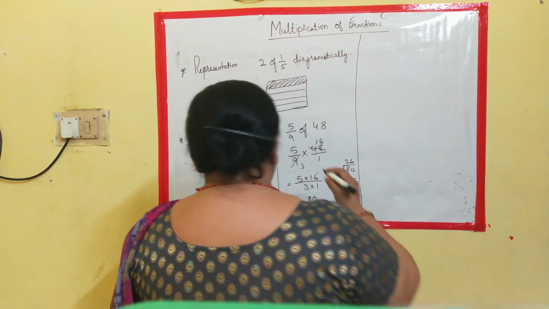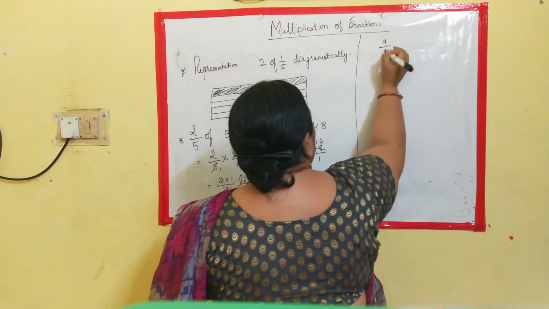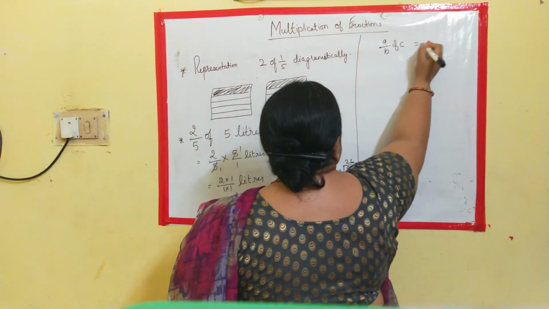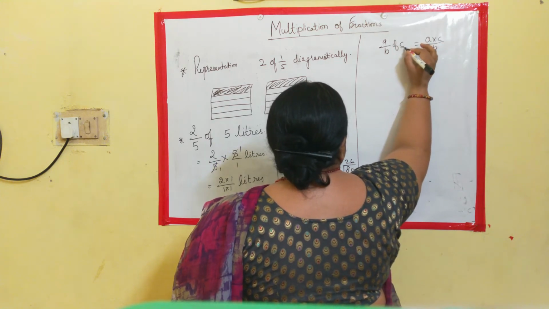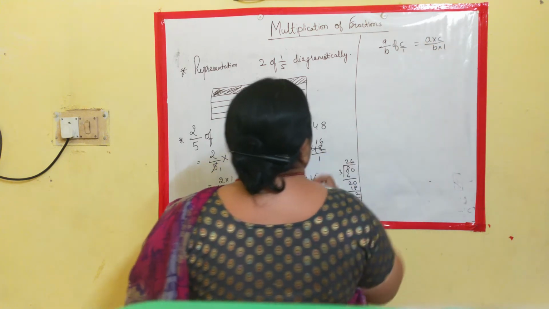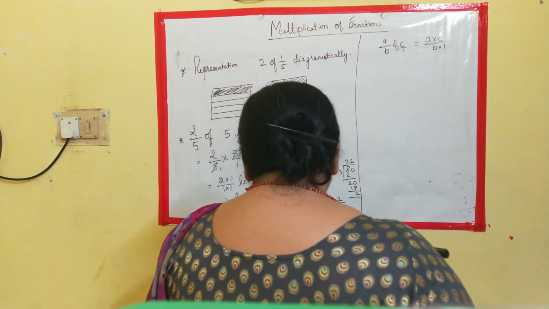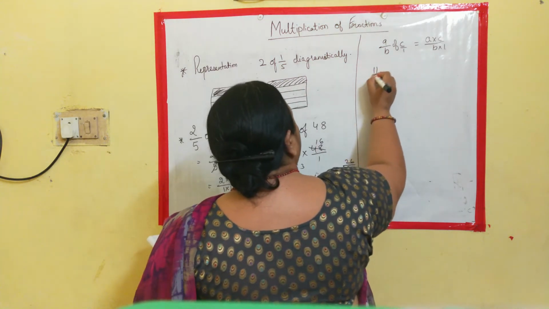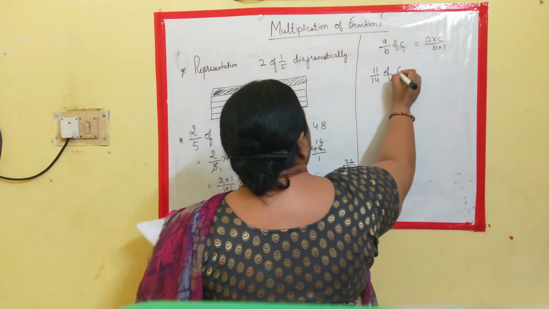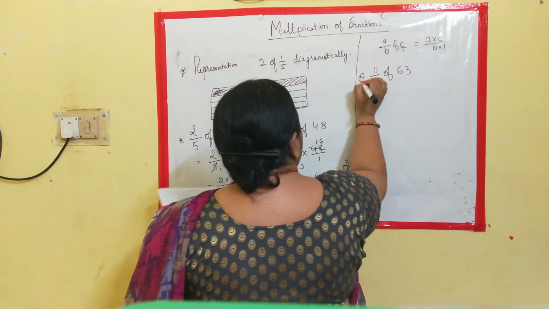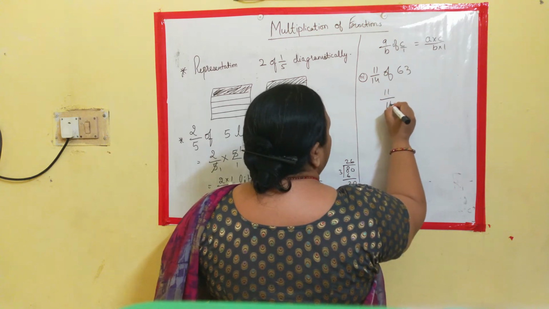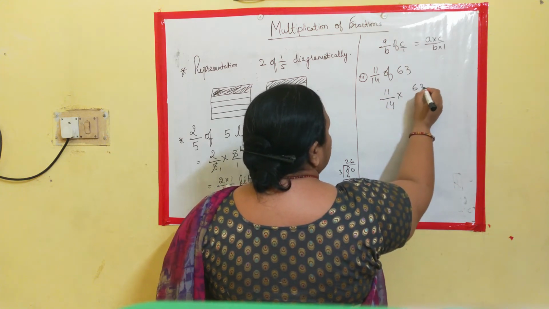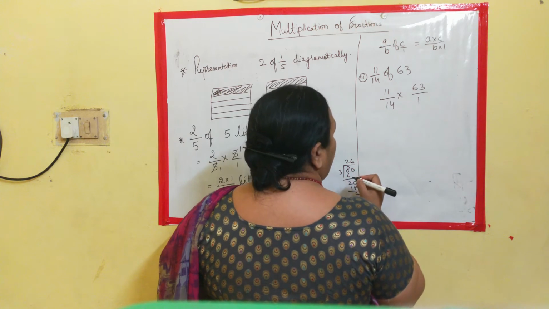So we can understand that A by B of C is nothing but A into C by B, as this is 1, so into 1. Clear? 11 by 14 of 63. This is your third example. 11 by 14 of 63, that is 11 by 14 into 63 by 1.